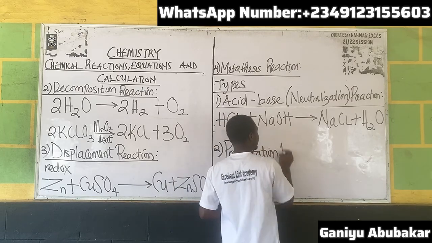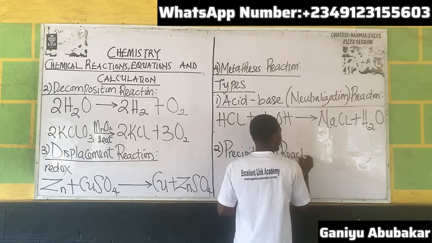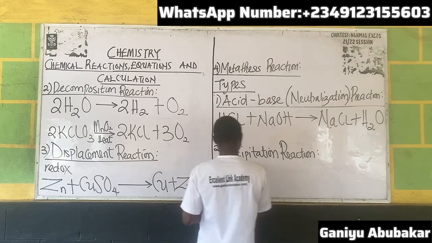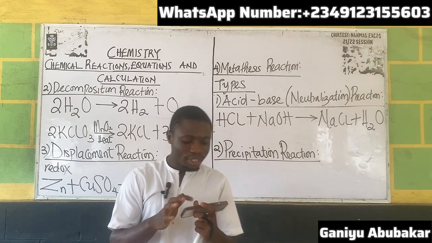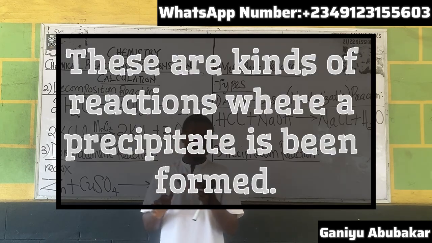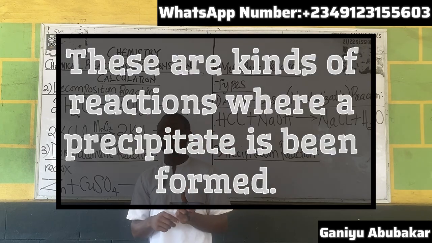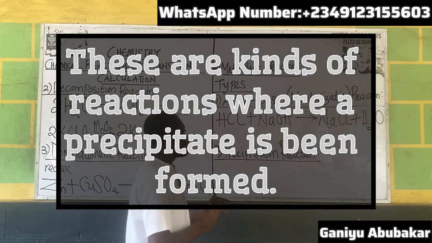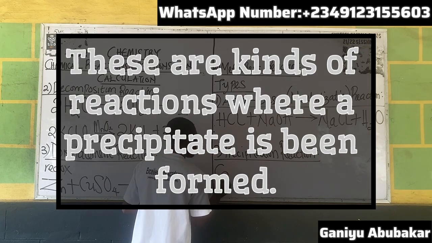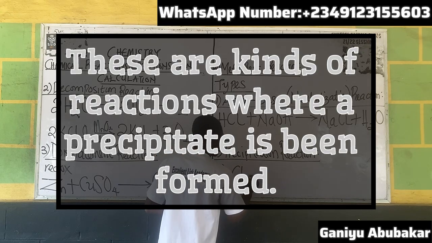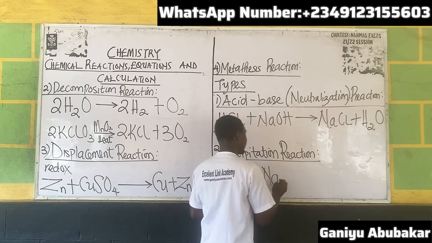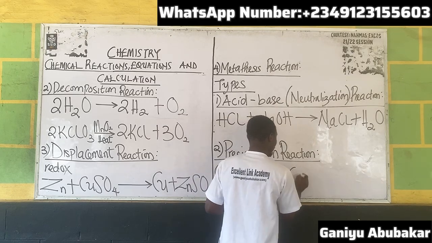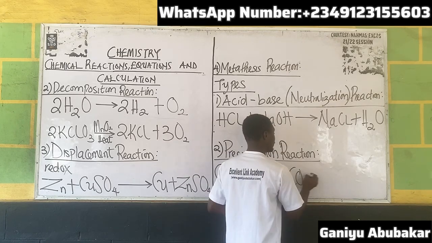Precipitation reaction. All right. For this one, definition. This is a kind of reaction where a precipitate is being formed. That's all.